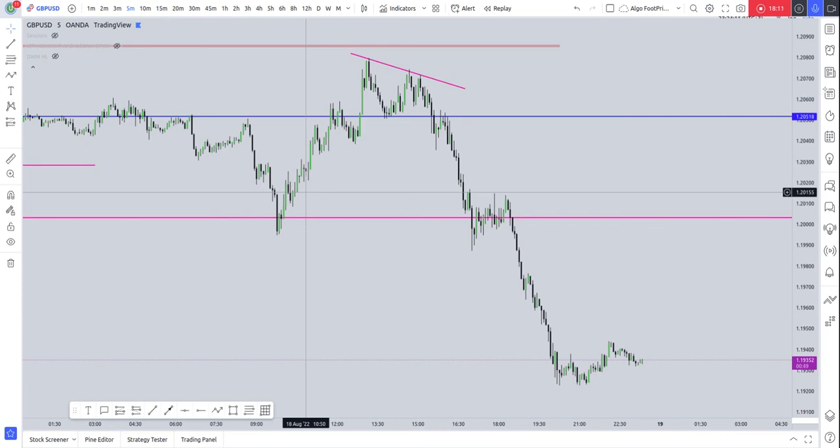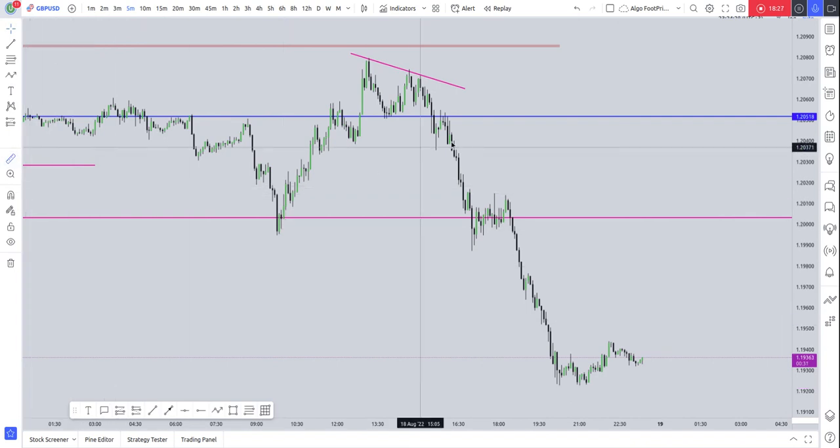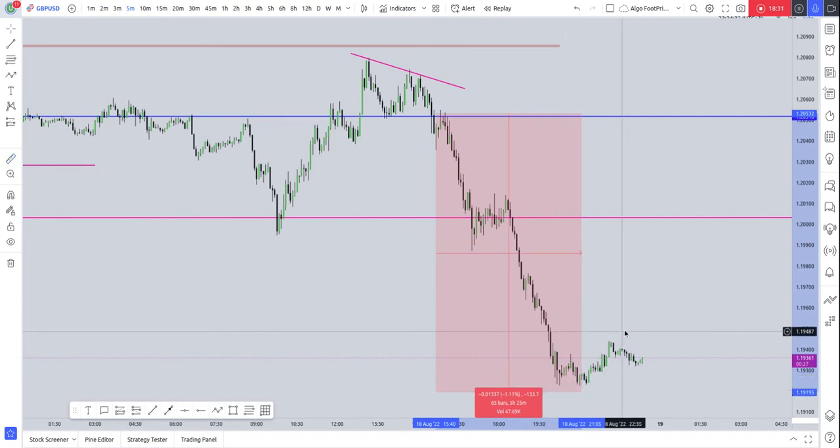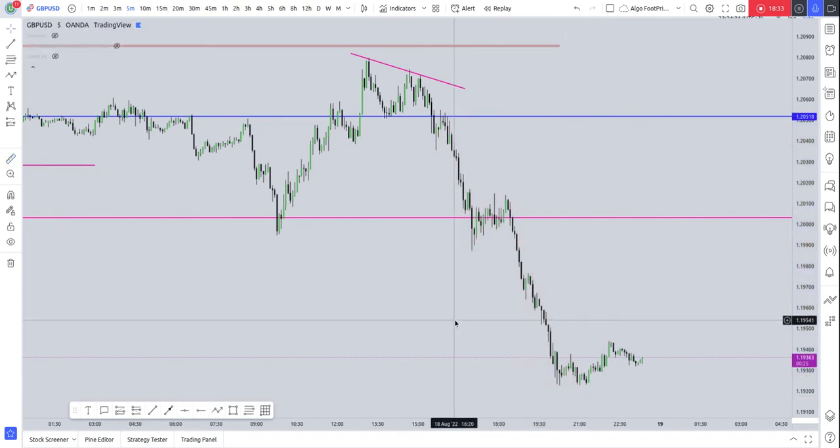You cannot be looking for setups from morning until I don't know when. You need to know your times of trading, what time your setups are created. So now, if you had made an entry on here, you could have caught over 100 pips.